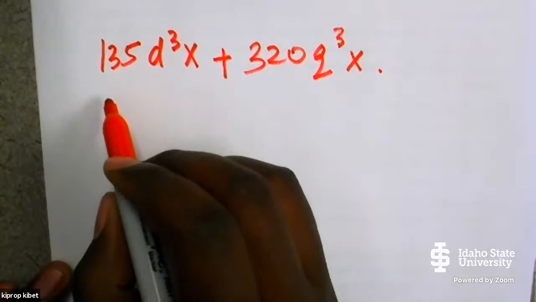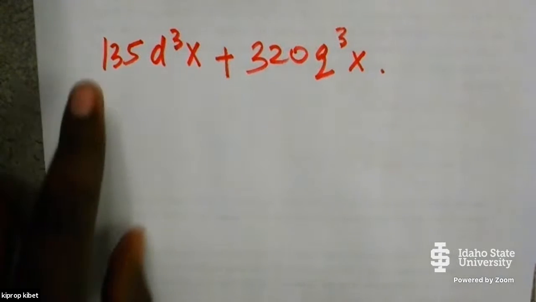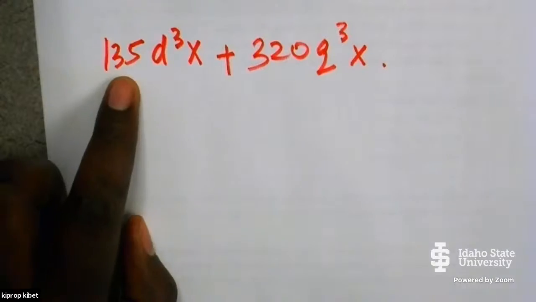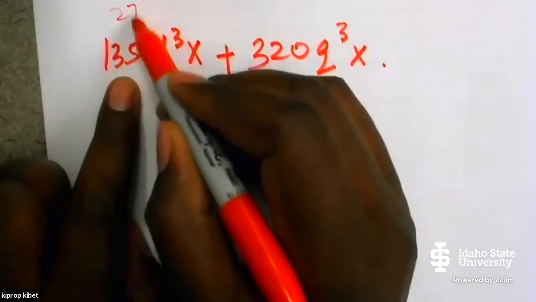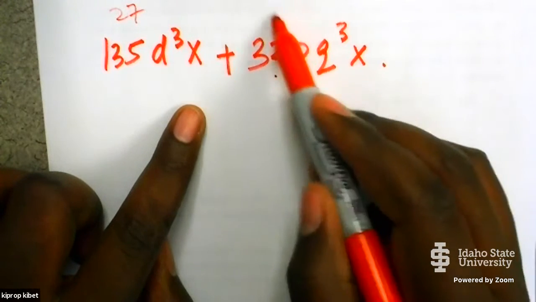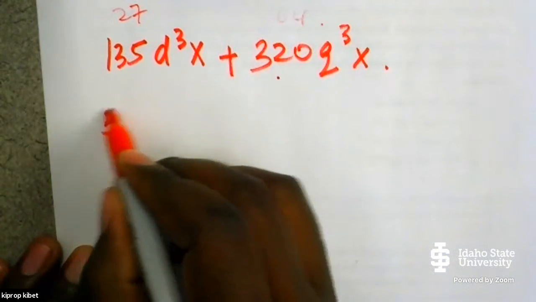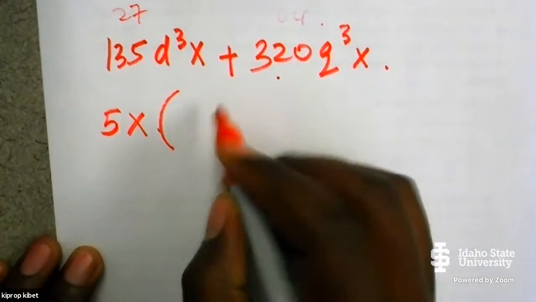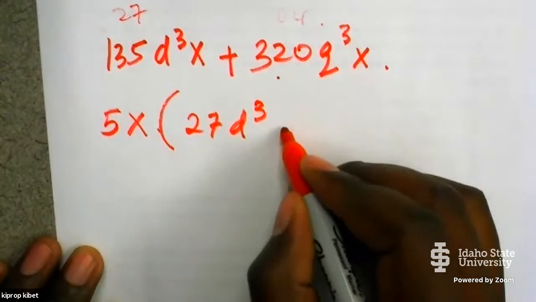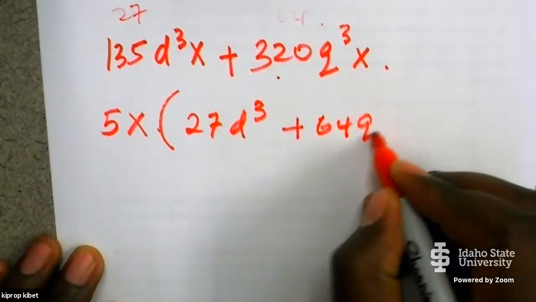So GCF is, so when you divide by 5, what will remain here? 27. When you divide by 5 here, what do you get? 64. So therefore, we factor out 5x.